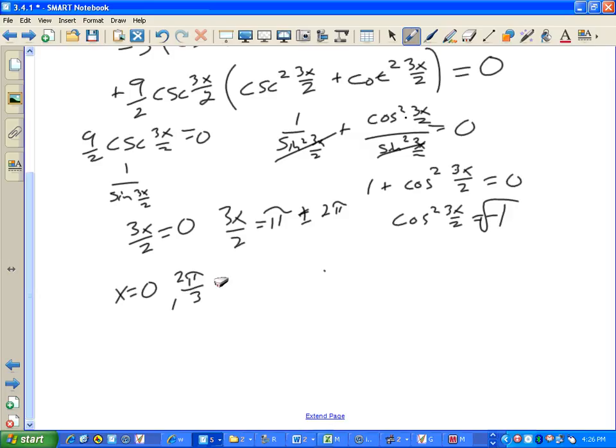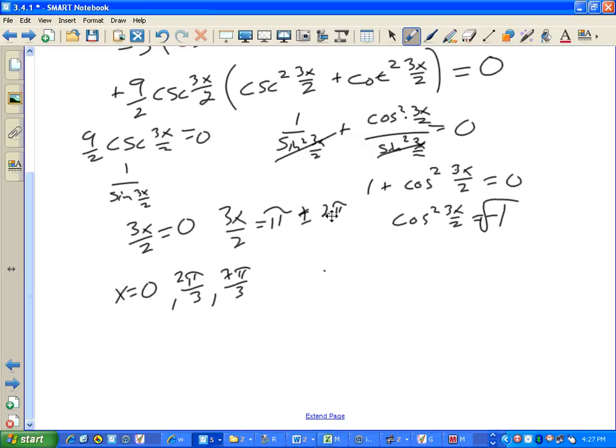So if I add 4/3 pi onto this, that's going to be 7/3. So 7 pi over 3 is another spot where it'll be undefined. If I add another 4/3, that'll bring me up to 11/3, which is actually beyond where I want to go.